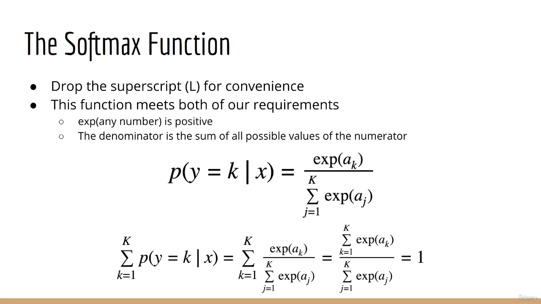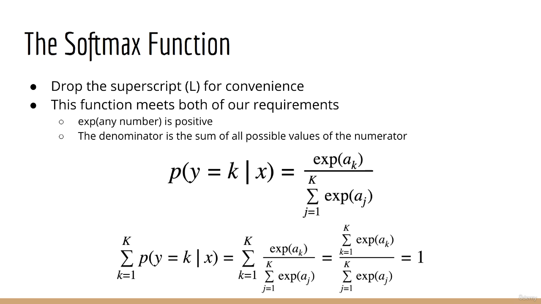Luckily, there is a function that accomplishes exactly this. It is called the softmax function. First, let's drop the superscript L on the activation A for now, so we can just say A is a vector of size K. Then, the softmax of this vector A is the exponential of A divided by the sum of the exponential of A across each component. As you can see, this satisfies both of our requirements.